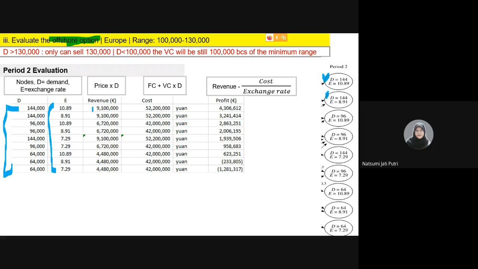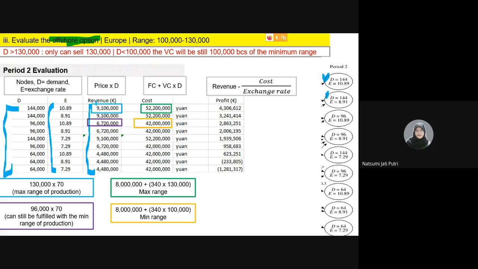And then for the revenue, because the price in the description is already in euro, which is 70 euro, we can just compute langsung. Jadi the demand here times 70, and we get this number in euro.